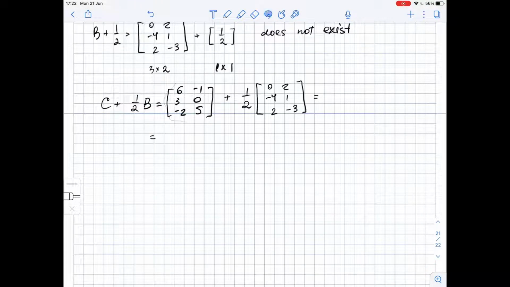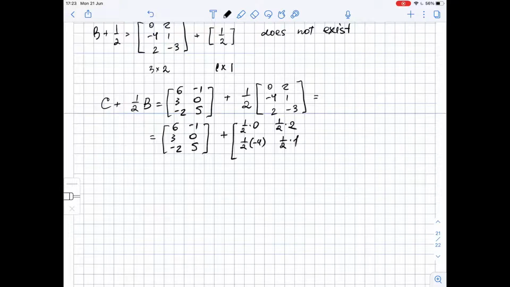So matrix C stays the same here. And we will multiply matrix B by 1 over 2. So we get 1 over 2 times 0, 1 over 2 times 2, 1 over 2 times negative 4, 1 over 2 times 1, 1 over 2 times 2, 1 over 2 times negative 3.